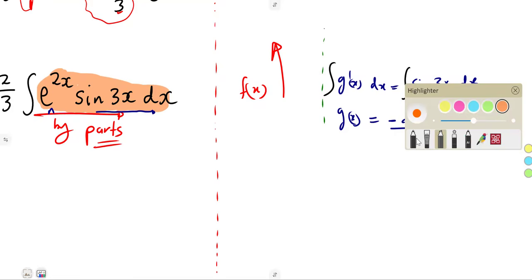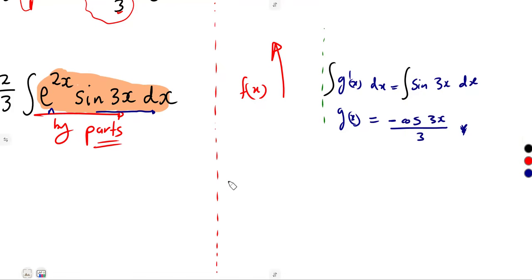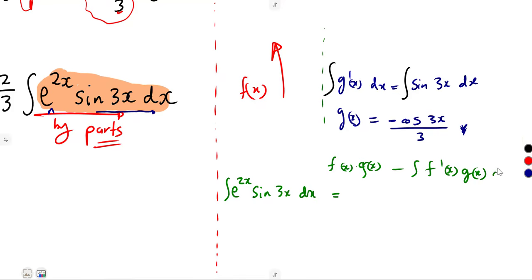So integrating that part, you can just indicate it: the integral of e to the exponent of 2x sine 3x dx is equal to, you use your formula from before, f of x times g of x, applying our by parts, minus the integral of f prime x g x dx.